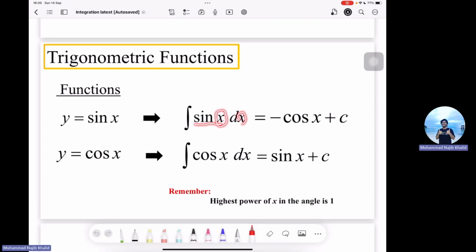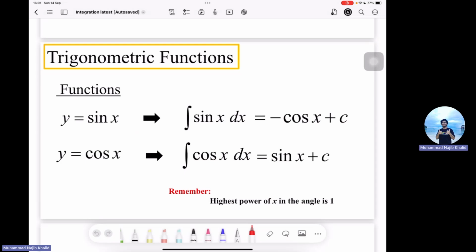Here x is our angle, and the answer is negative cos x plus c. The second function is cosine x. The integral of cos x gives sin x plus c.